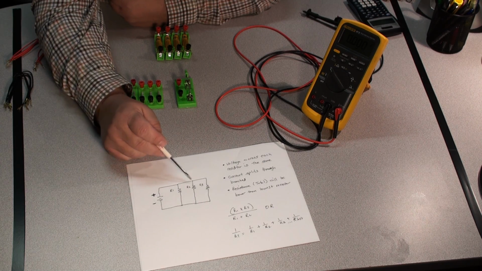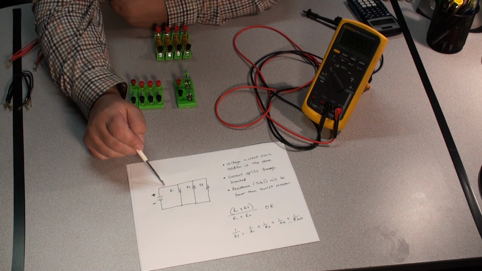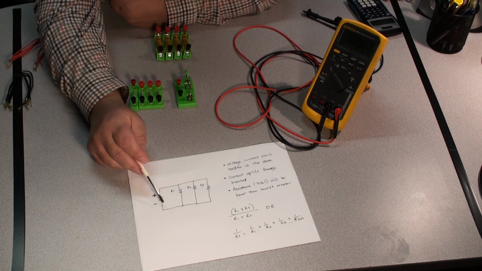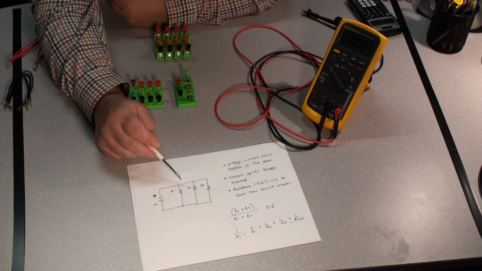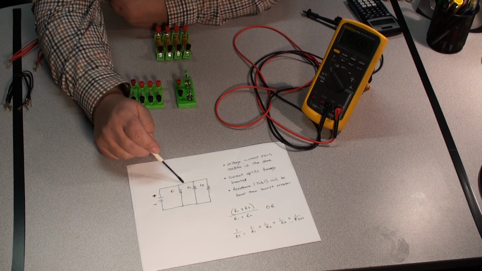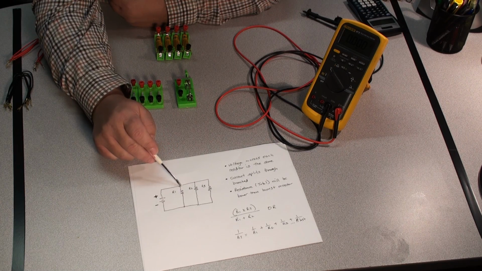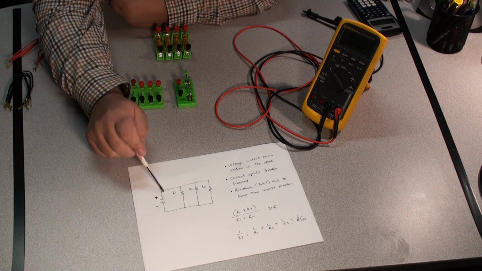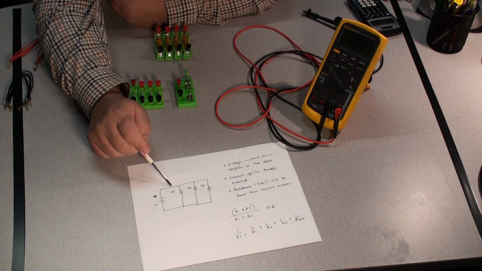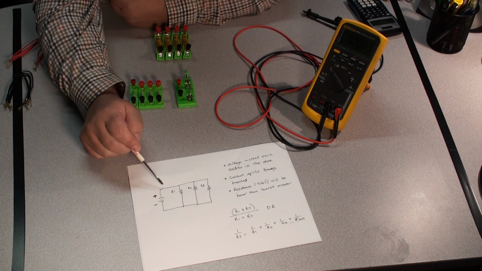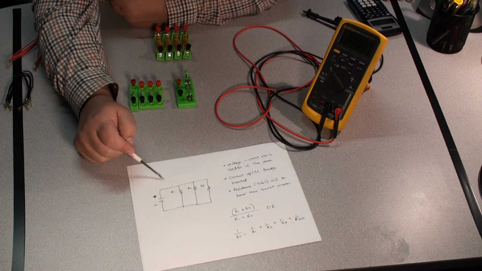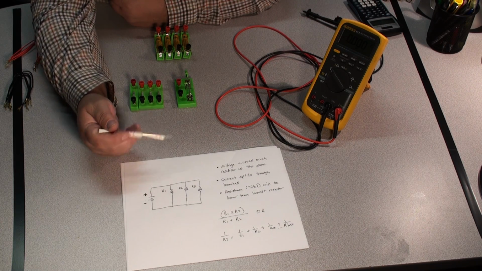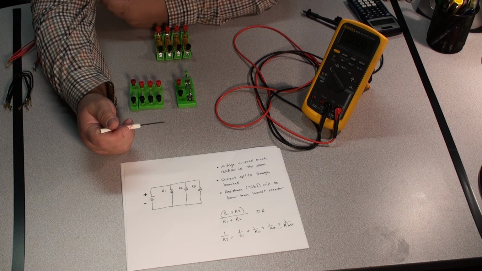However, we have more than one path for current. So we'll have full current in the wire leading and returning to our source, but each branch is going to have its own individual currents, and those currents should roughly add up to whatever full current. And the reason for that is just because we're going to be pulling some fairly good current with this, and our batteries will diminish somewhat even as we're doing the experiment.